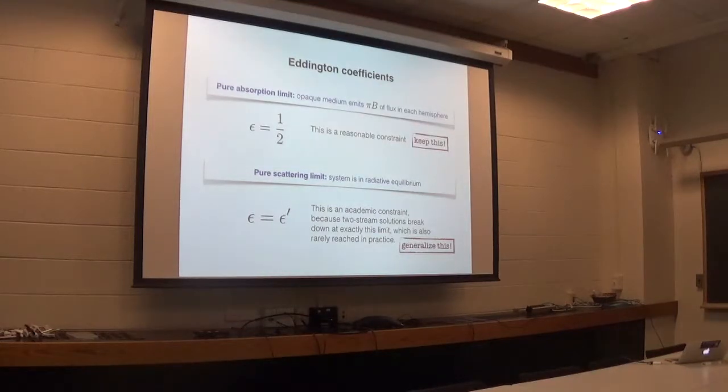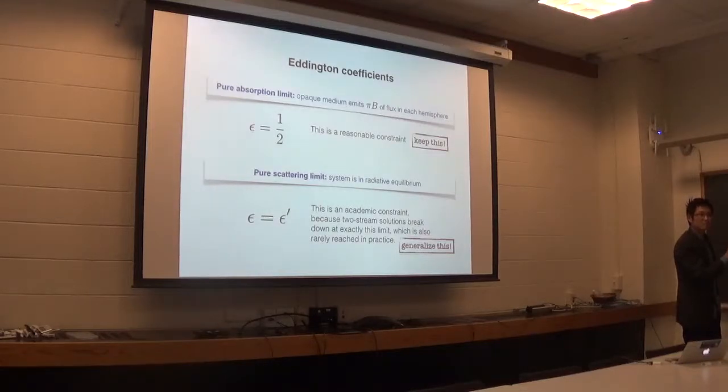So what I mean is that when the gradient of flux in each layer in the atmosphere goes to zero, the temperature stops changing. Correct. Yes, that part is correct. I don't understand why you need pure scattering. What's the objection? I don't understand. Even if you had absorption, that would still be in radiative equilibrium.